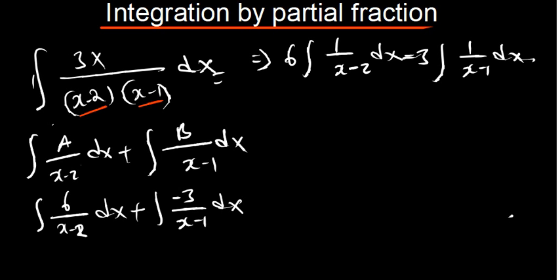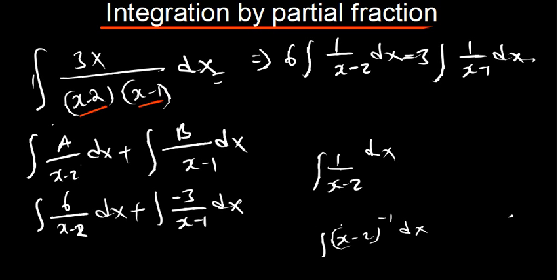Okay, now what else are we going to have? How do I integrate 1 over x minus 2 dx? This is the same as x minus 2 to the power negative 1, dx.